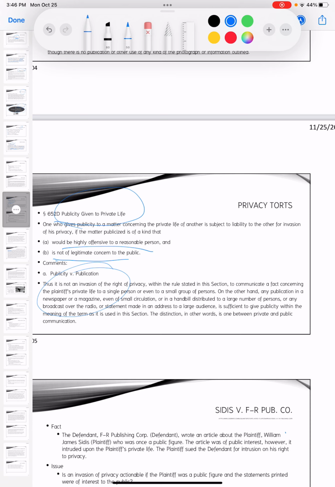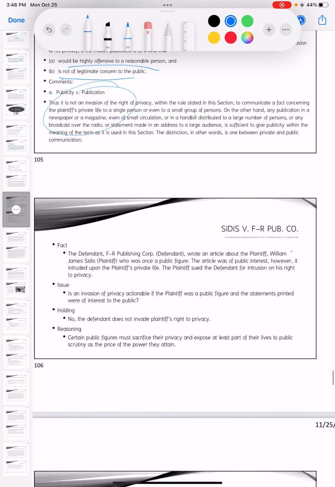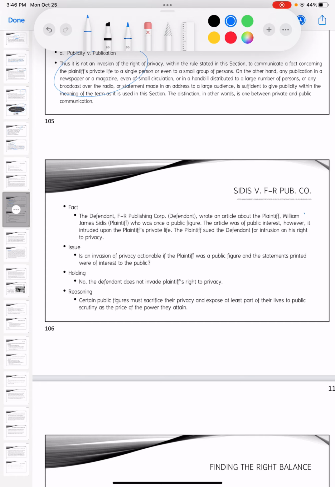Here, one case that is pretty interesting is the case between William James Sidis versus FR Publishing Company, a corporation. It is a case between the publication corporation and the person in the news, Mr. Sidis.